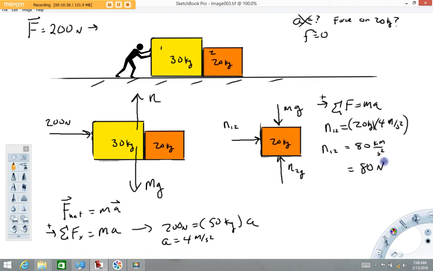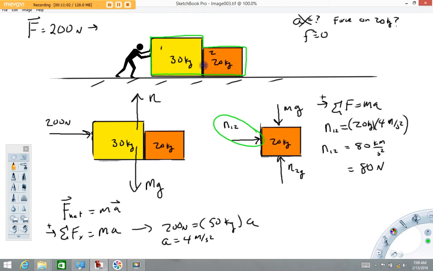So I hope that this problem demonstrates how to draw different free bodies and apply Newton's second law. Again, really important fundamental here is understanding the different free bodies and how to draw them. And again, I want to go back and kind of review that. If this is how we define our system, it's very important to realize that normal does not show up in that free body because it's an example of an internal force.